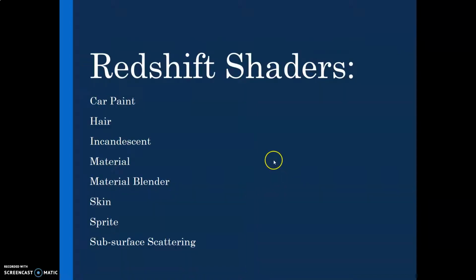And again, in Redshift, there are a lot of shaders. There's color paint, there's hair, there's incandescent, and there's this material, whatever. The one that we'll be looking at is the Redshift material in particular. I don't know why it's called Redshift material, but it's supposed to be the Redshift shader.